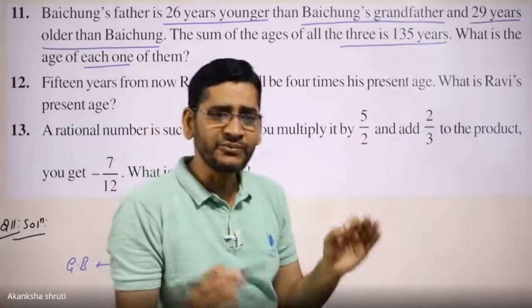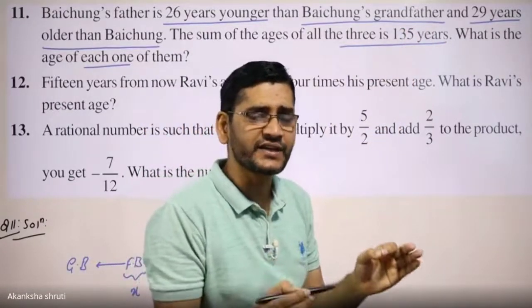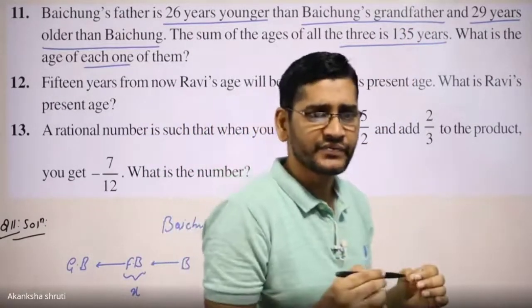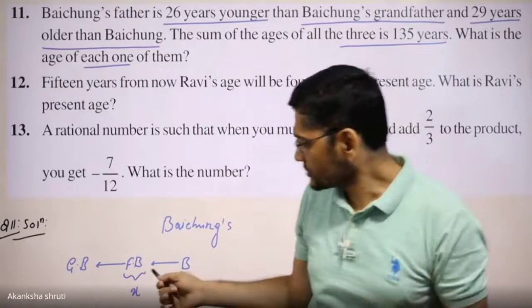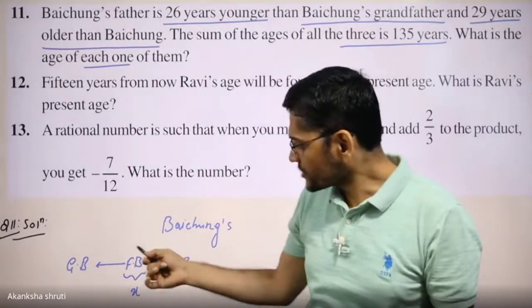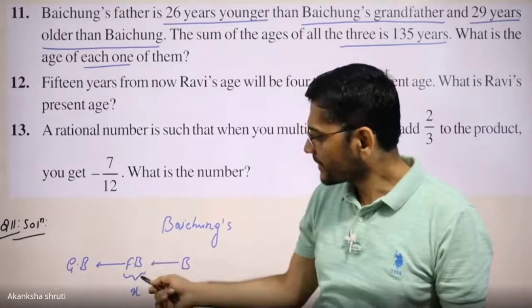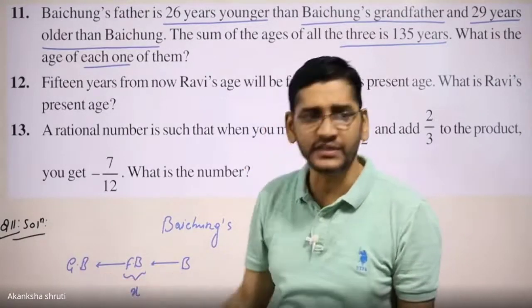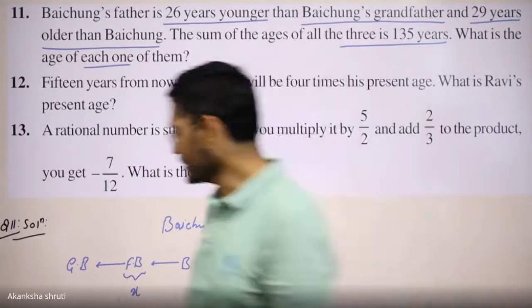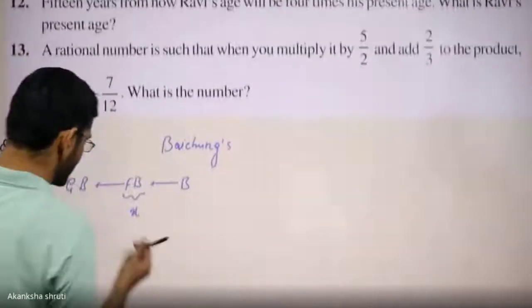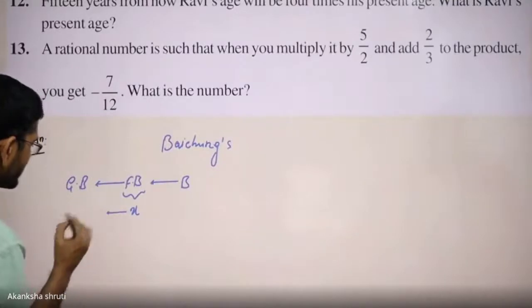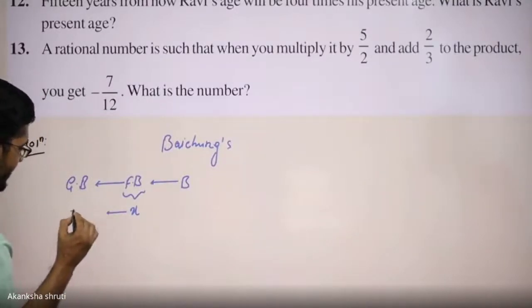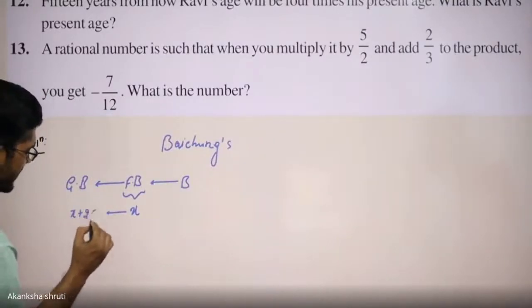So grandfather will be 26 years older. Simply means if you are assuming the age of Bechung's father as X, Bechung's grandfather will be X plus 26. That could be the one thing. Let us understand it carefully. So from this, the age of grandfather will be X plus 26.